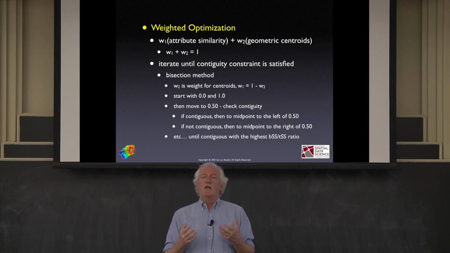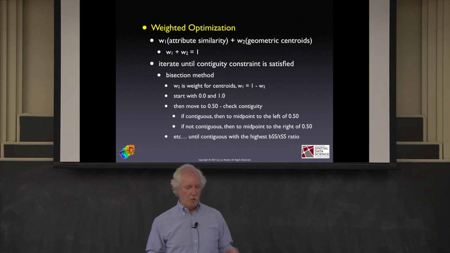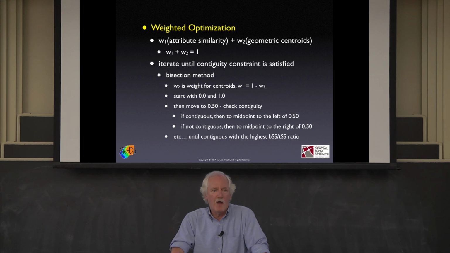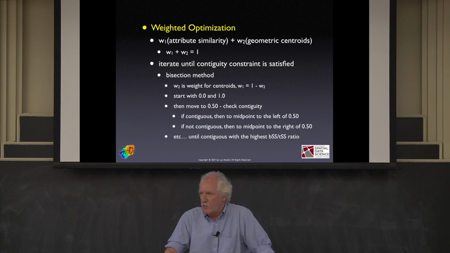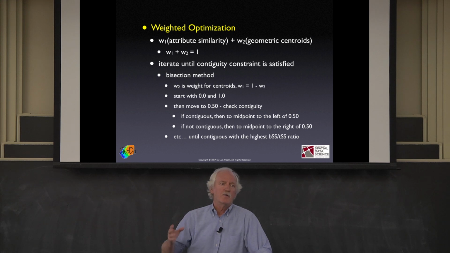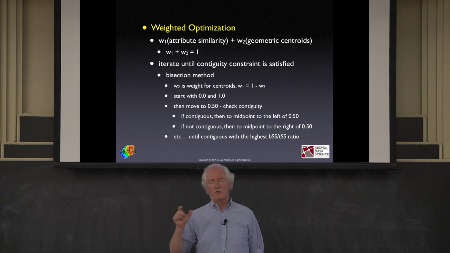They're two weights, but they're really not two weights. There's only one weight because they add up to 1. So if you have one, you know what the other one is. So we can couch this as a one-parameter optimization problem where the parameter is the relative weight given to one or the other. It doesn't really matter which one you pick because you know the other one is the complement. And then one way in which we can approach this is, for each particular layout, we get a value of the objective function, the ratio of between sum of squares to total sum of squares.